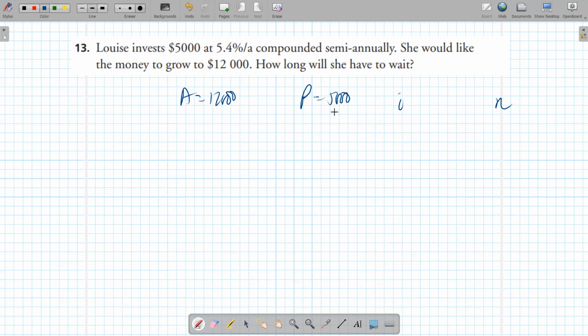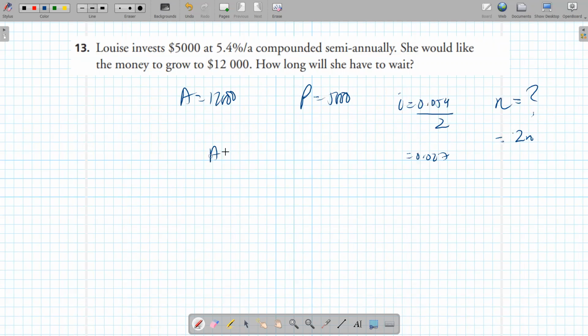Right. What's I? I would be 0.054 divided by 2. That's right. What about N? N would be the unknown, but you would multiply it by 2. Yeah, that's right. So N is 2N here because it's semi-annually.